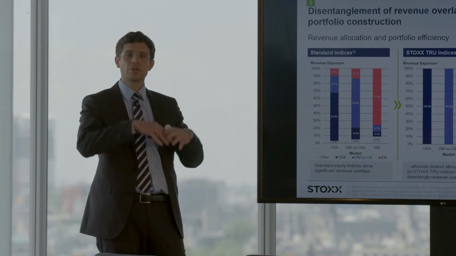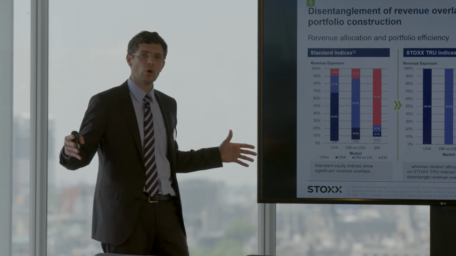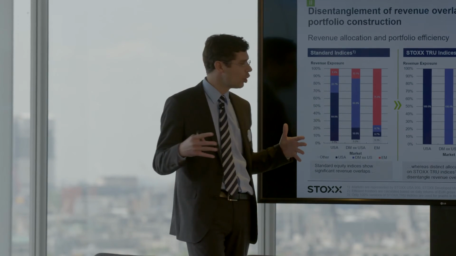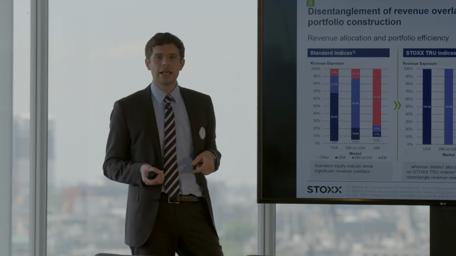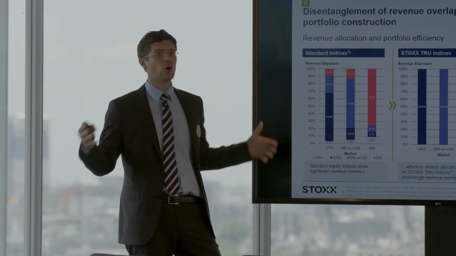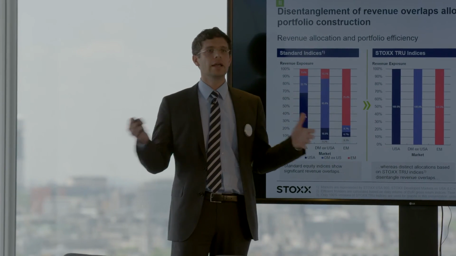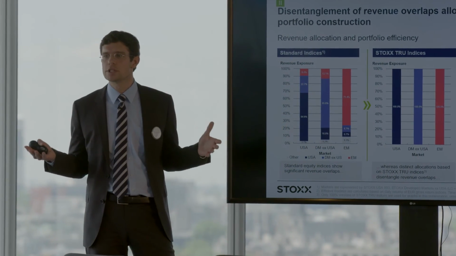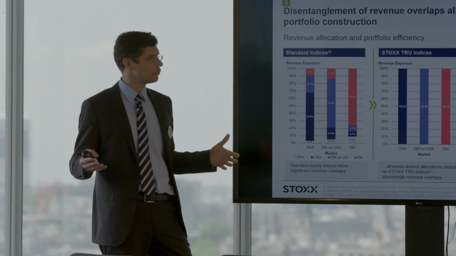Now, companies selected into developed markets outside of the United States generate in turn about 16% of their revenues in the United States. So those traditional regional benchmarks have huge revenue overlaps among each other, which causes those benchmarks to be, I would say, unnecessarily highly correlated. The revenue overlaps increase the homogeneity, increase correlations, and high correlations are always bad when it comes to diversification to increase portfolio efficiency.